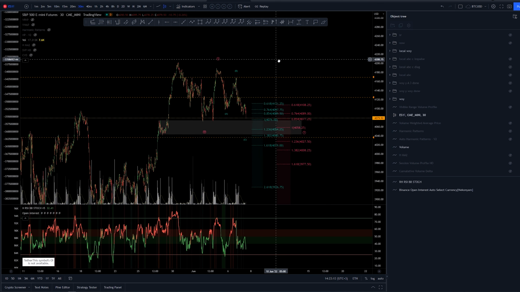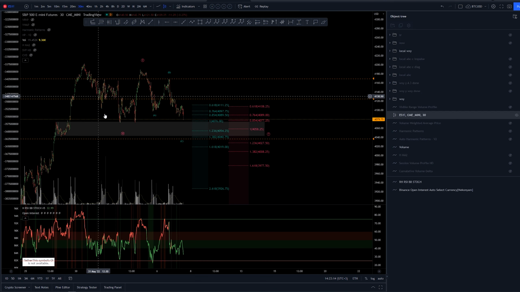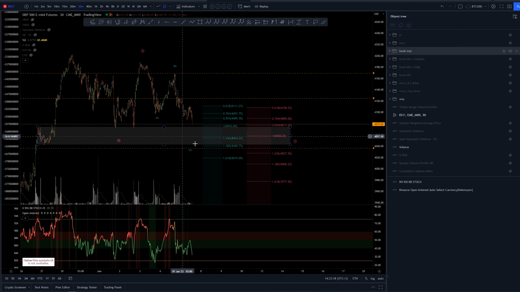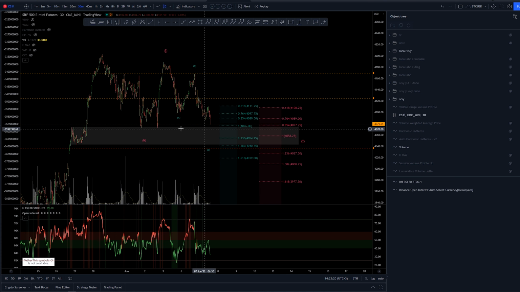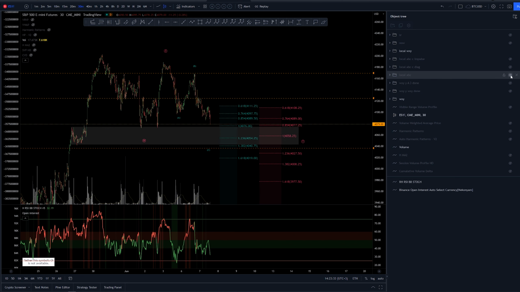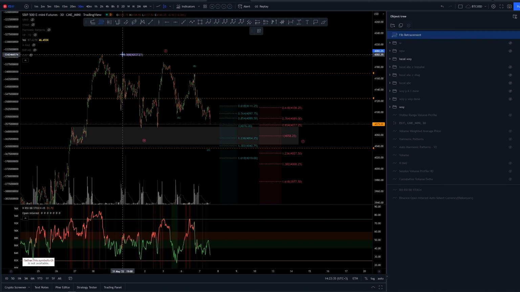Now the other possibility is that we are having this as a WXY. Both of these are possible, and just because we would like to see the structure to get right here on the wave 4, I'm even considering this. Usually when we get above that, where do I have it? Well, I don't have it here. Let me show it again.